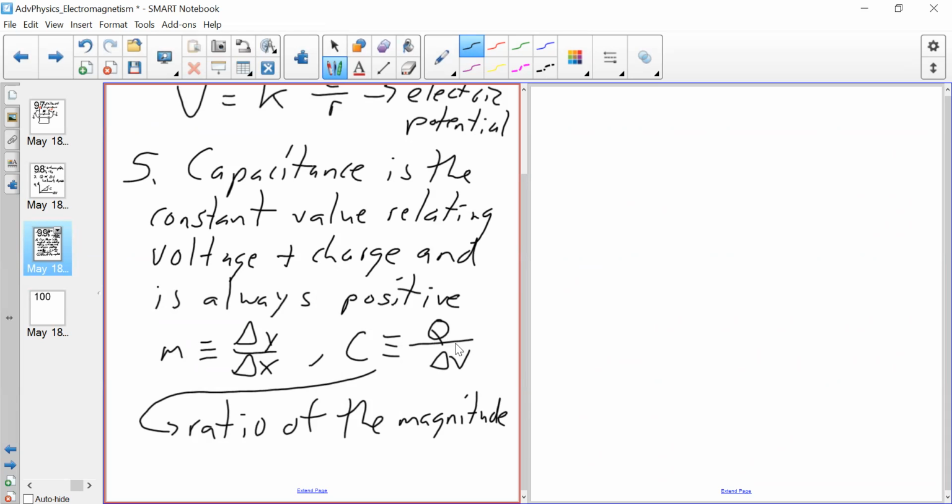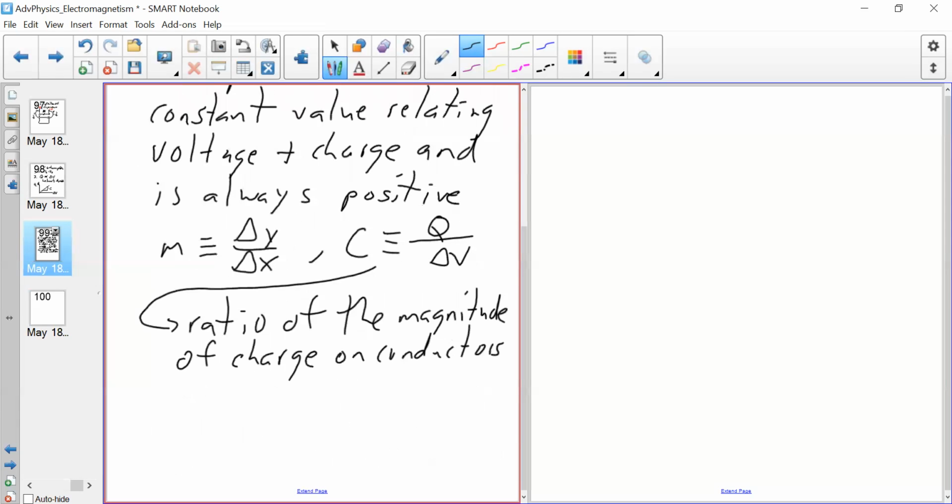It's magnitude. By this point, we should understand magnitude is just a number. Ratio of the magnitude of charge on conductor plates to the voltage.